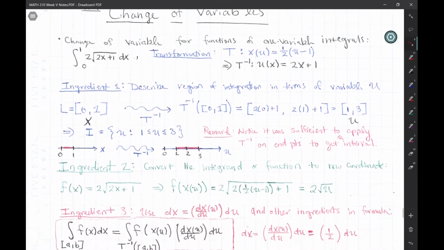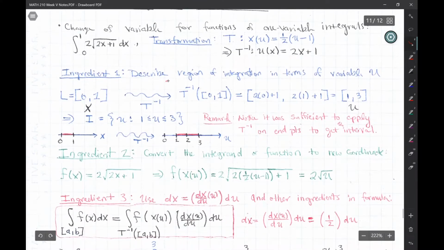So what's our first ingredient? It's describing the region of integration in terms of the new variable u. This interval, 0 to 1, is the original interval that we're dealing with. You could visualize it just along the x-axis from 0 to 1.